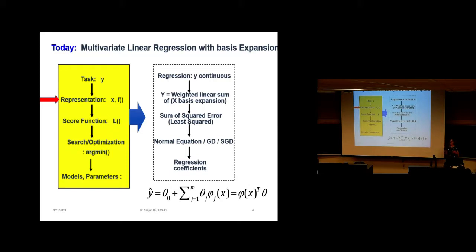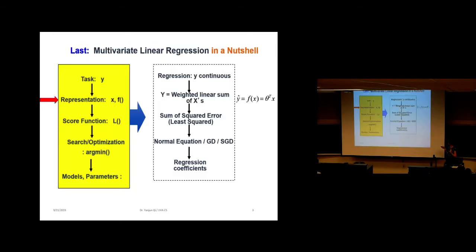Scoring function is the same, search method is the same, the model is also the same, still those theta parameters. The only thing changed is here. So let's see what phi x is. Look at this form. In linear regression, we have x transpose theta, or theta transpose x, so don't get confused, they are the same thing. We sometimes write theta transpose x, sometimes x transpose theta, because the inner product gives you a scalar, so the order is exchangeable.